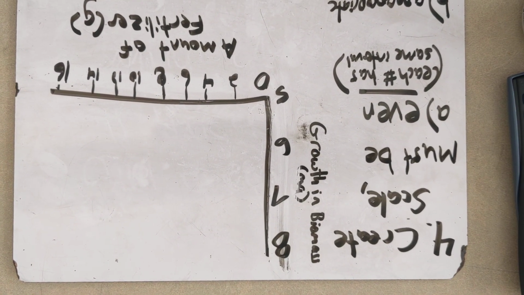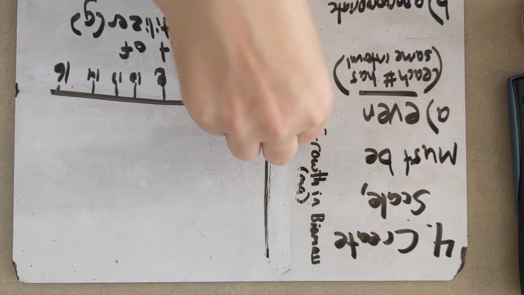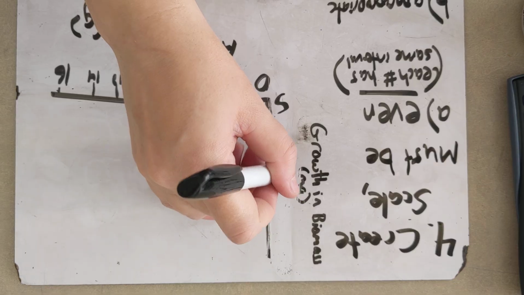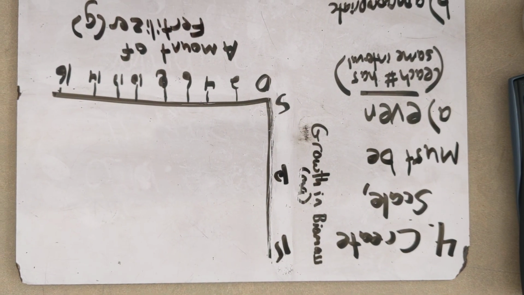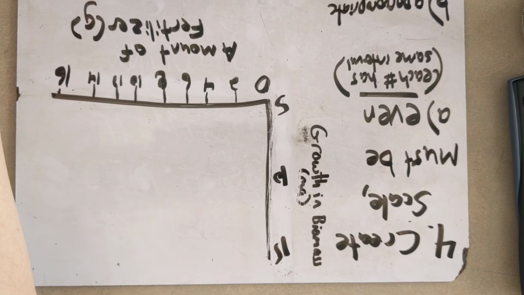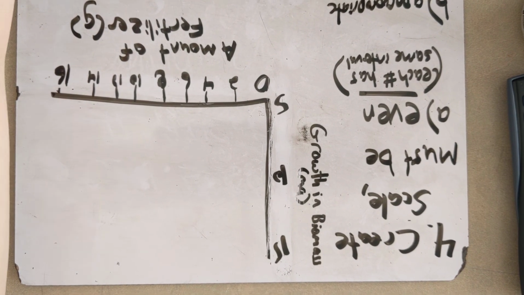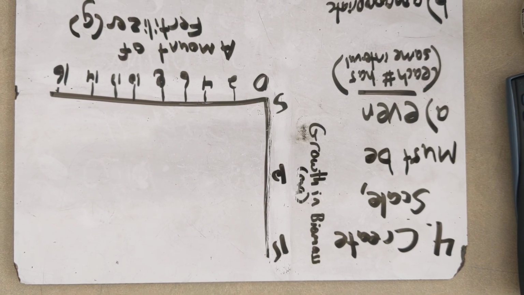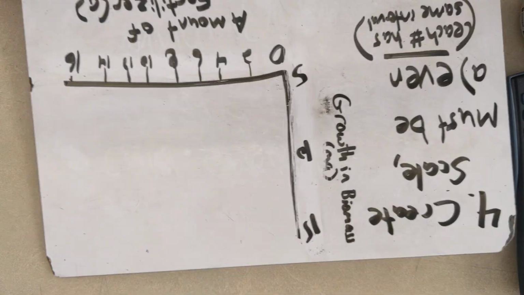Actually, no, I couldn't, because that wouldn't include all my growth. Whoops, bad Barker. I could go 5, 10, 15. I could do that. In fact, that is what I'm going to do. So those are my scales. And that's create a scale. That's step 4.